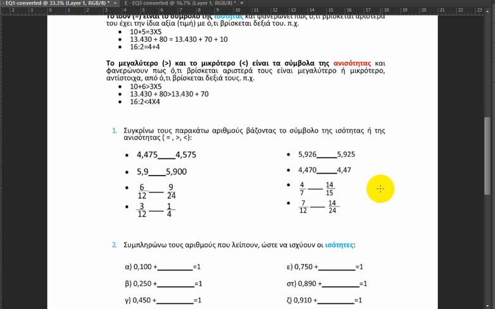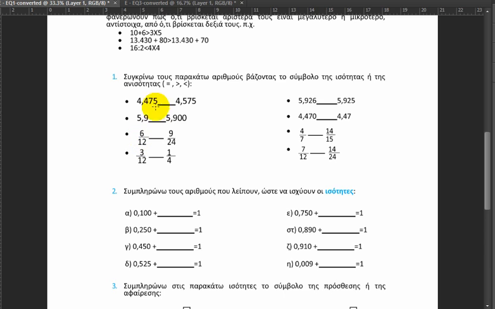All right, so here we need to compare some normal numbers, some decimal numbers, some fractions. So let's do that. Let's do all of that.